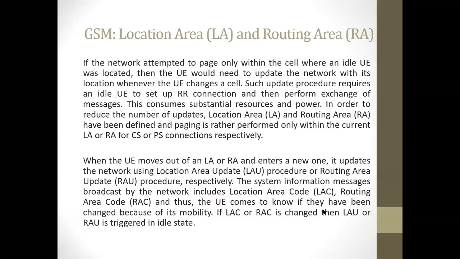Location area is a composition of a number of cells, and the network knows which location area the UE is in. The cell-wise location is not known, but the location area-wise location is known.